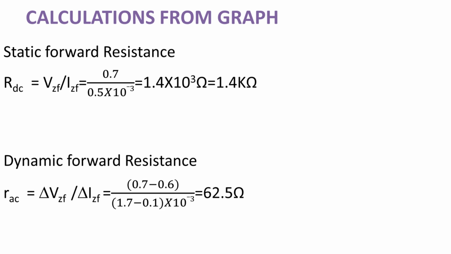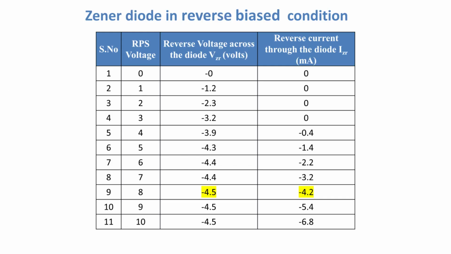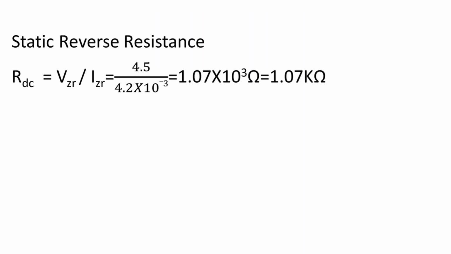Coming to static reverse resistance, from the reverse bias characteristics and the table, it is VZR by IZR. Corresponding to 4.5 volts, the value of current is 4.2 milliamperes, which gives 1.07 kilo ohms as the static reverse resistance.